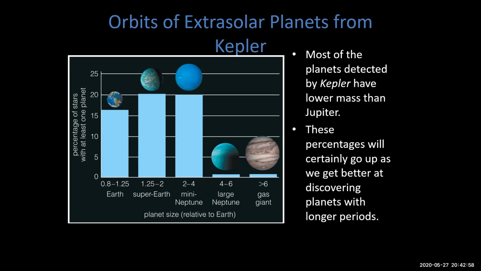The gas giant planets are found at a high rate because our techniques are better at finding those planets, but how often they've been found is a lot lower than what would be anticipated by the same models that are finding the super Earths and mini Neptunes. So we're finding a lot of these smaller planets around stars much more often than the Jupiter class planets that we might expect.